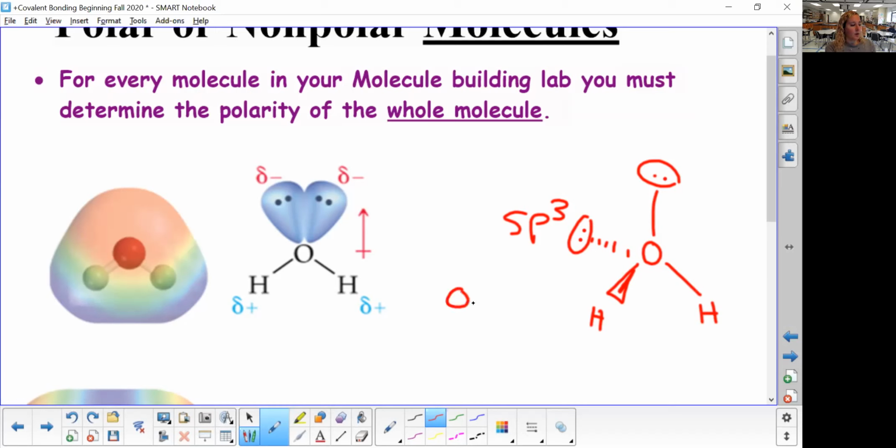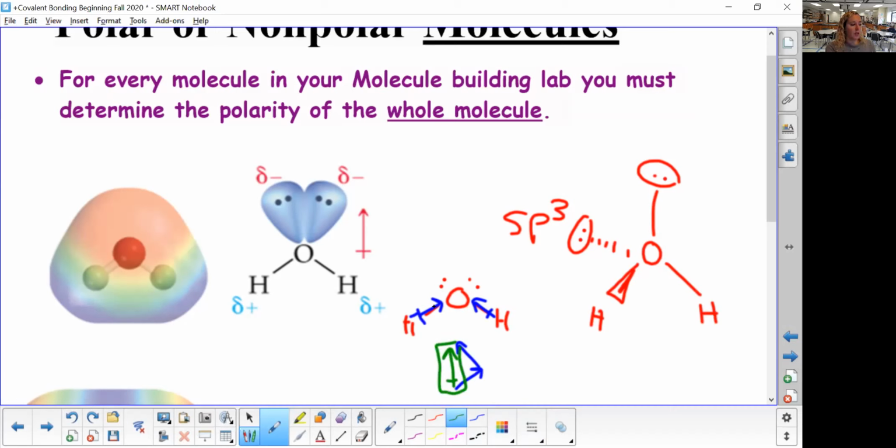Plus, when we draw water with the bent shape like so, this is a polar bond here, so you'd have a dipole moment towards the oxygen. This is a polar bond towards the oxygen. If you add your dipoles, you take one and then the other, this is how you get the overall vector for the overall dipole moment of the molecule.